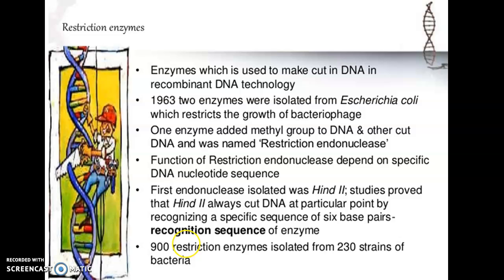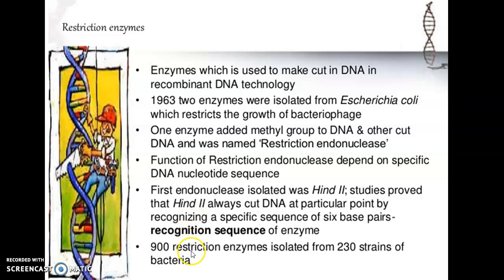These sequences are called recognition sequences. They are recognized by the specific restriction enzyme, which cuts the DNA at that site. So if an enzyme recognizes the DNA and cuts it at a specific site in between the DNA molecule, it is called a restriction endonuclease.